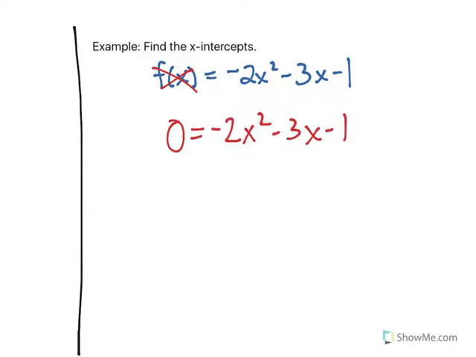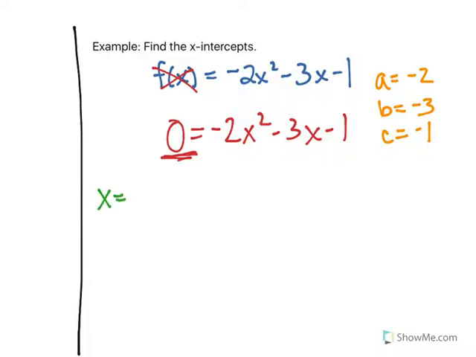This should look very familiar whenever we are solving using the quadratic formula. We need our equation to be set equal to 0, and we're going to define our variables. a equals -2, b equals -3, and c equals -1. And then we're just going to plug these into the quadratic formula, which should also be on your note cards.